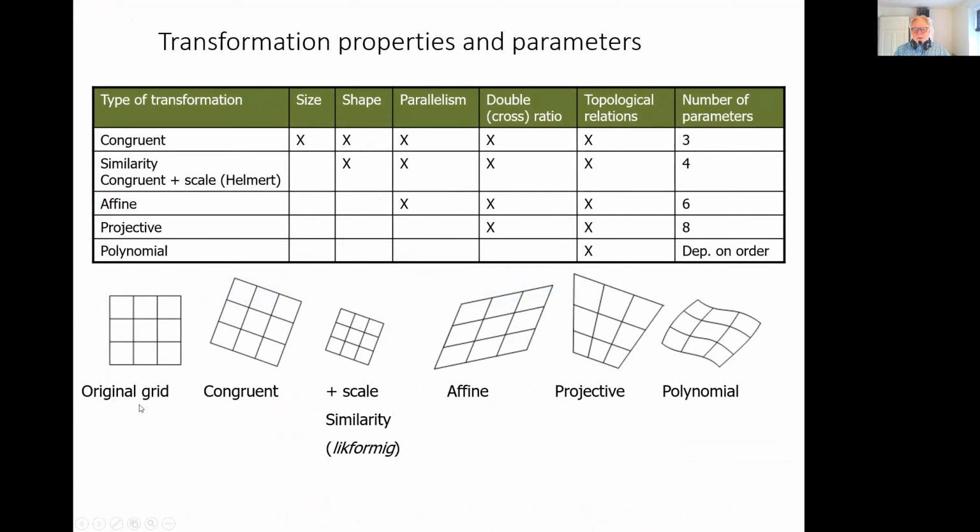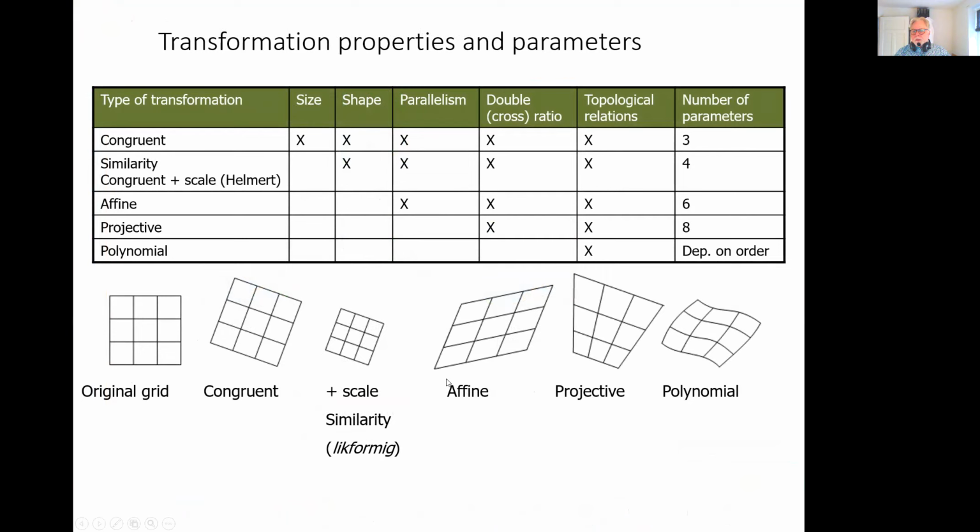We have an original grid. We can transform it congruent, but then we can only sort of flip it to one side. If we use a similarity, we add a scale, so it can be flipped, but also changed in size.